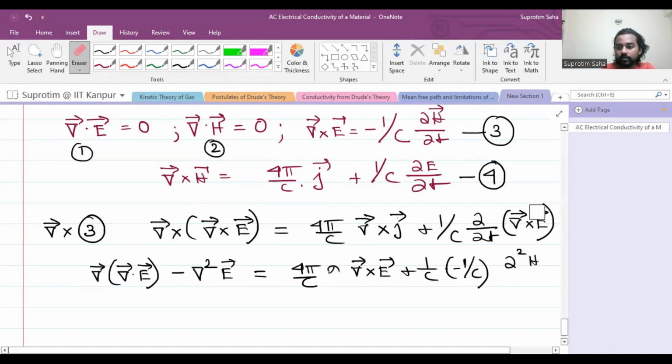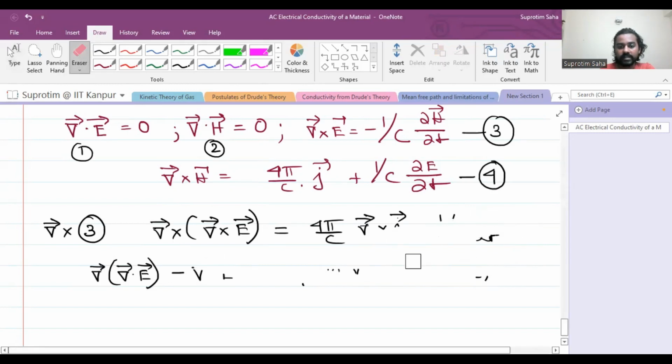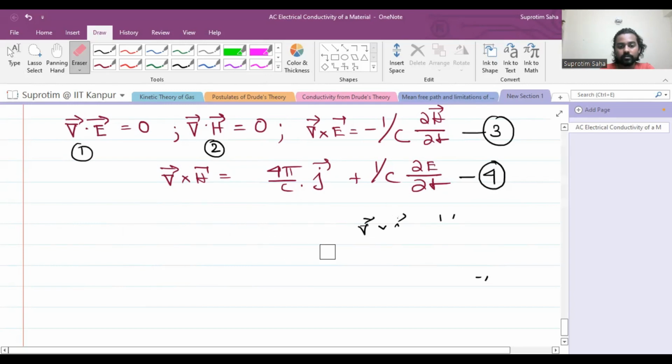So this is absolutely wrong. By mistake, I used the fourth equation. Pardon.